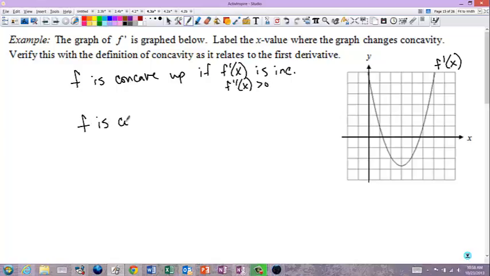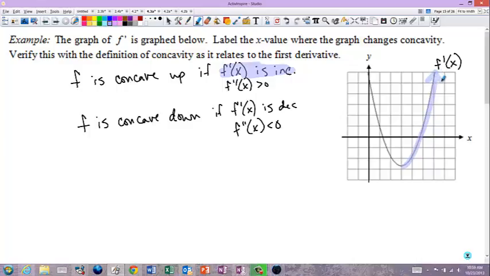It's concave down if f prime is decreasing, or if f double prime is less than 0. So again, this is f prime of x. We're looking for where f prime of x is increasing. That's where f prime of x is increasing.